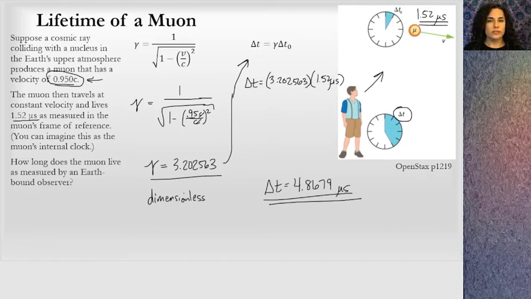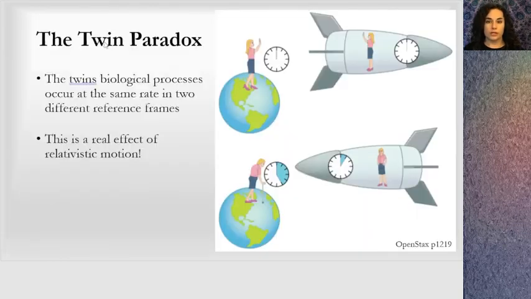I'm bringing this up because one of the bigger implications that's talked about, because it's interesting, is the idea of the twin paradox. The twin paradox says that we have a pair of twins. One stays on the planet Earth, and the other takes a long trip in a spaceship across the galaxy, wherever she wants to go. I'm fine with it.